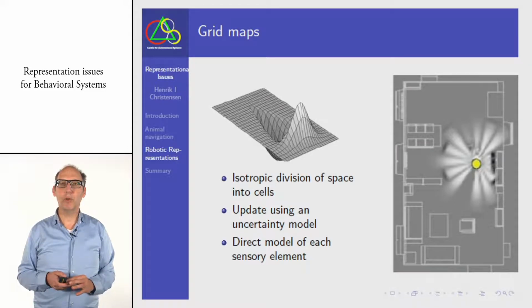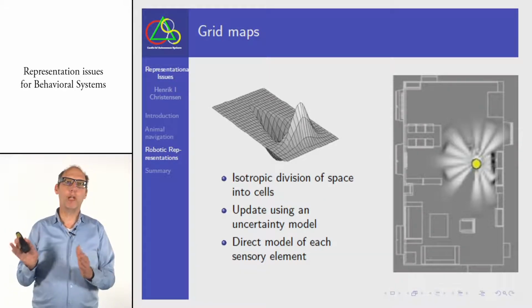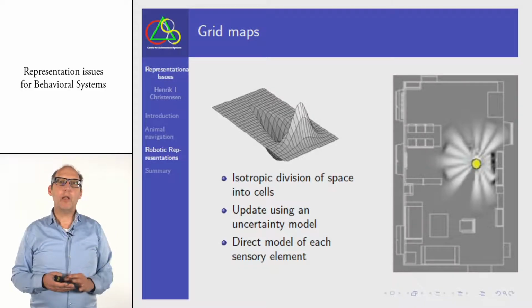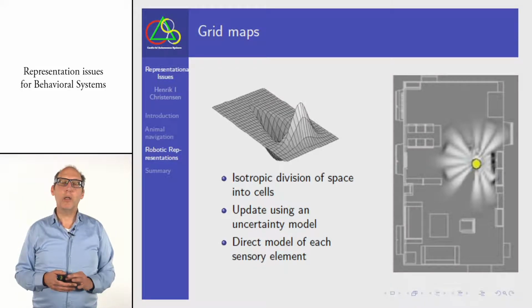So you know that 3 or 4 meters in front of you there is an obstacle, but it can be a little bit to the left and a little bit to the right. And that observation you can use as a sort of stamping to create a map of your environment.